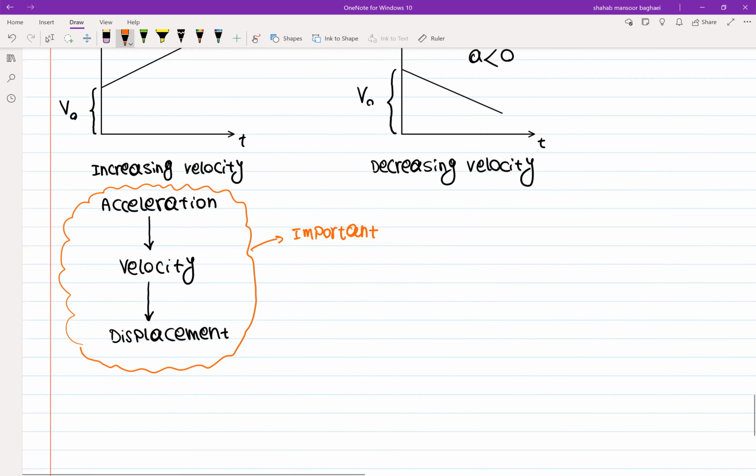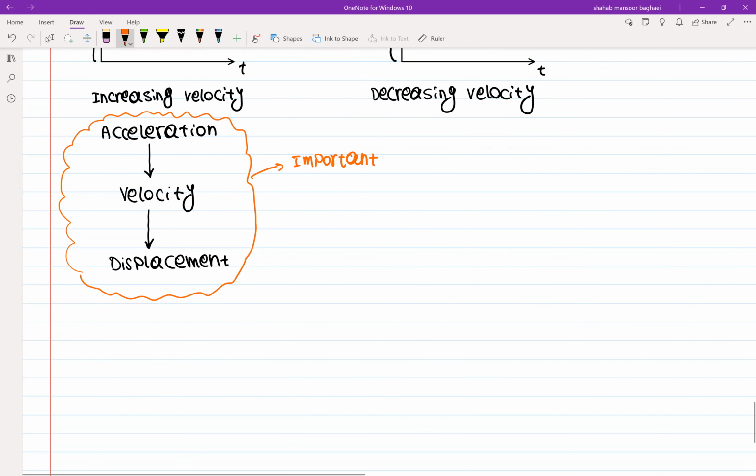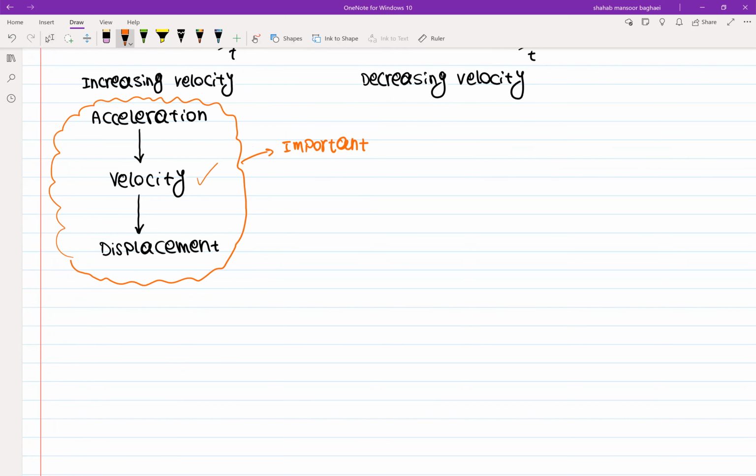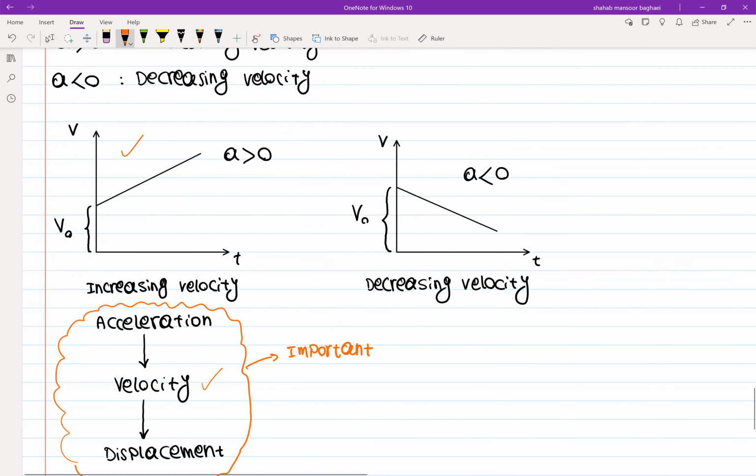Okay. If I have a velocity graph, and I already have it because it's here. I already have this graph here. Okay, let me use it here.